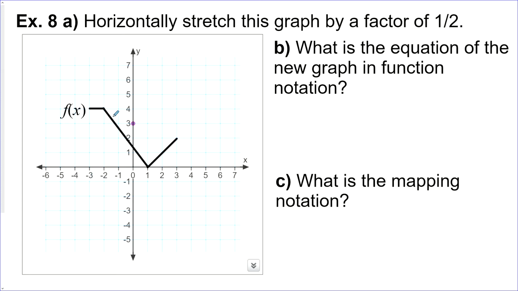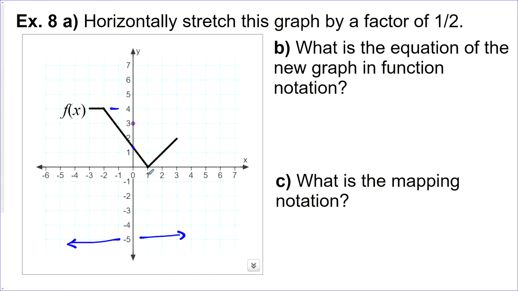-3 will become -1.5. This bar used to be 1 unit wide. Now it's only going to be 1/2 a unit wide. This was at -2 when it started to go down. Now that's going to be at -1. This one here is going to be our invariant point. Looks like 1.5, 0, because again, when we're horizontally stretching, we're stretching away from the y-axis here on both sides.